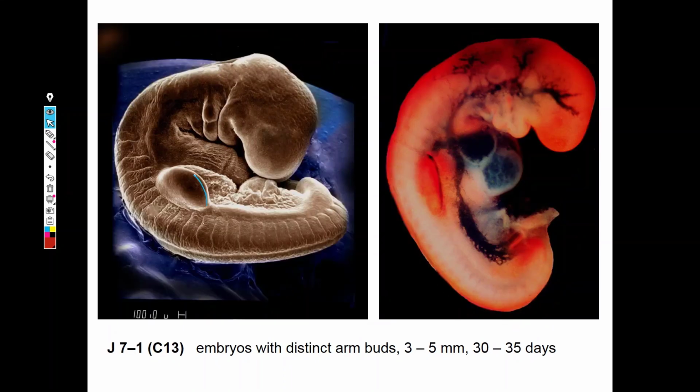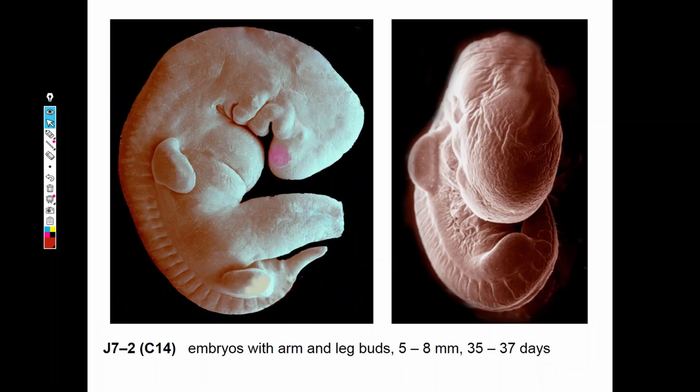Yeah, we can see them in this picture. You can see they are bigger over here, but we still have only upper buds and a single segment. The next picture shows the upper and lower buds over here. So now we have upper and lower buds.